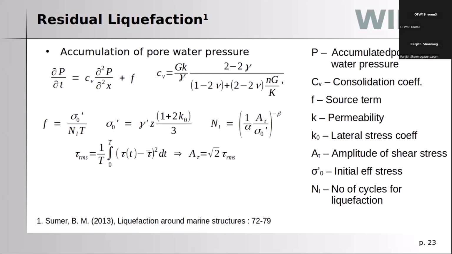But how do we get the liquefaction? We have this criterion: whenever the pore pressure buildup is greater than the initial effective stress of the soil, the soil will be liquefied. As we have seen already, the soil grains then start to move freely with respect to each other. That is the concept of liquefaction.